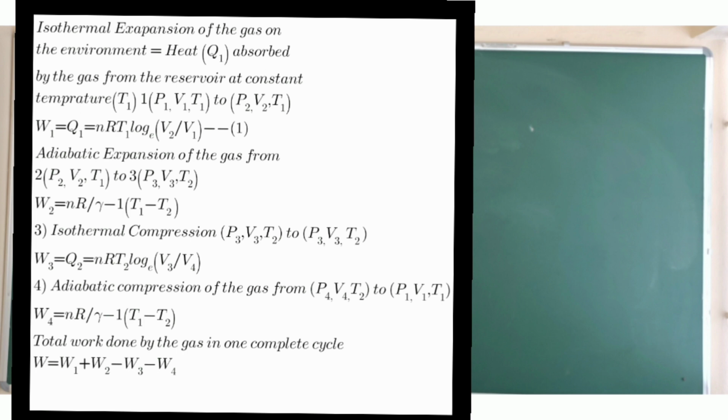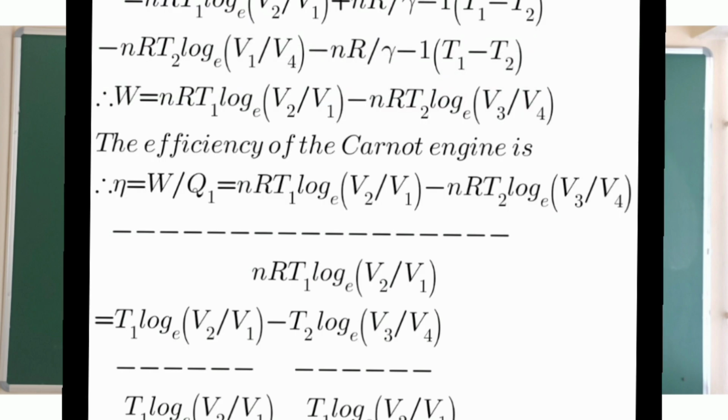Therefore, total work done by the gas in one complete cycle, that is W, is equal to W1 plus W2 minus W3 minus W4. Substituting all these quantities W1, W2, W3 and W4 in the equation W is equal to W1 plus W2 minus W3 minus W4.